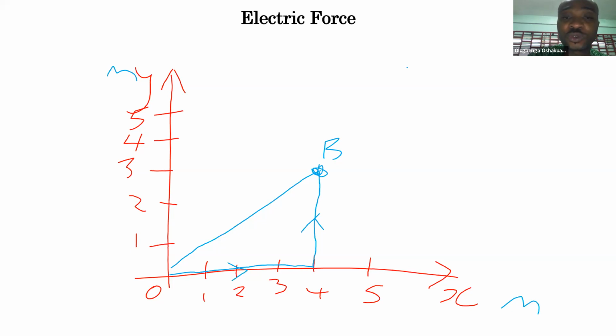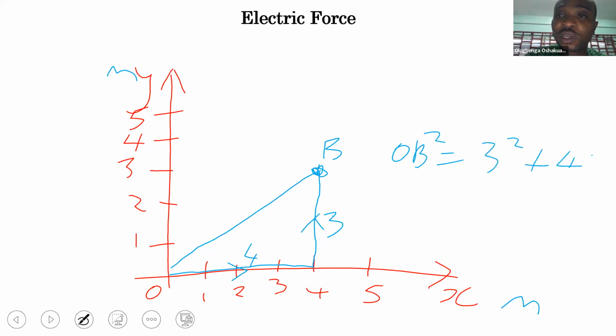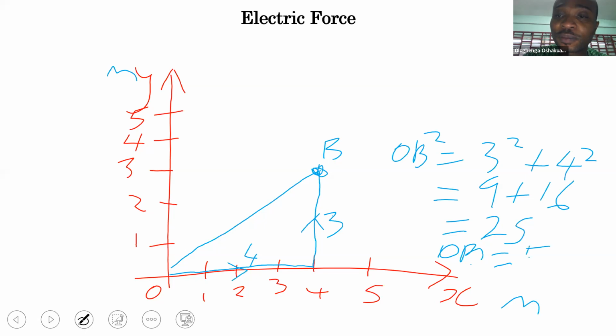Since we know the length along the origin to be 4 meters, and the height here to be 3, we can use Pythagoras theorem to say that OB squared is equal to 3 squared plus 4 squared, which is 9 plus 16, that's 25. Then OB will be the square root of 25, and that will be 5 meters. So we can determine this to be the length 5 meters.